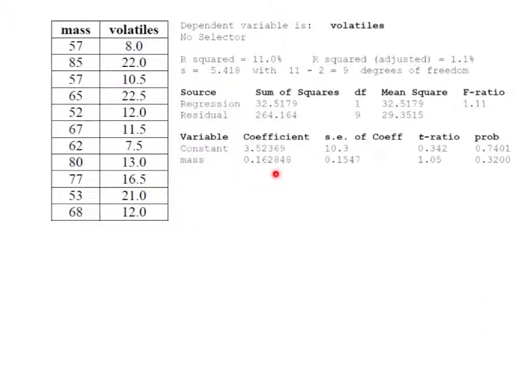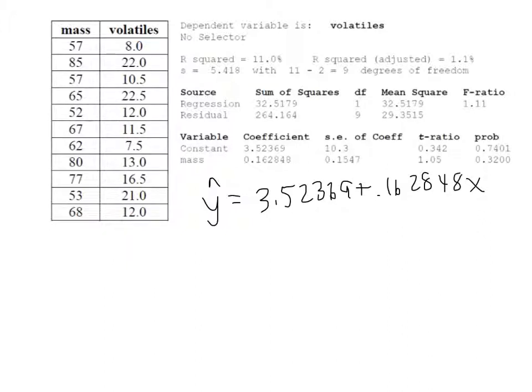Remember that the coefficient of mass is going to be your slope. Coefficient of the constant is always going to be your y-intercept. So we could write down that y hat is equal to 3.52369 plus 0.162848x. So that is your least squares regression line for this set of data, and you should be able to generate that right on your calculator.